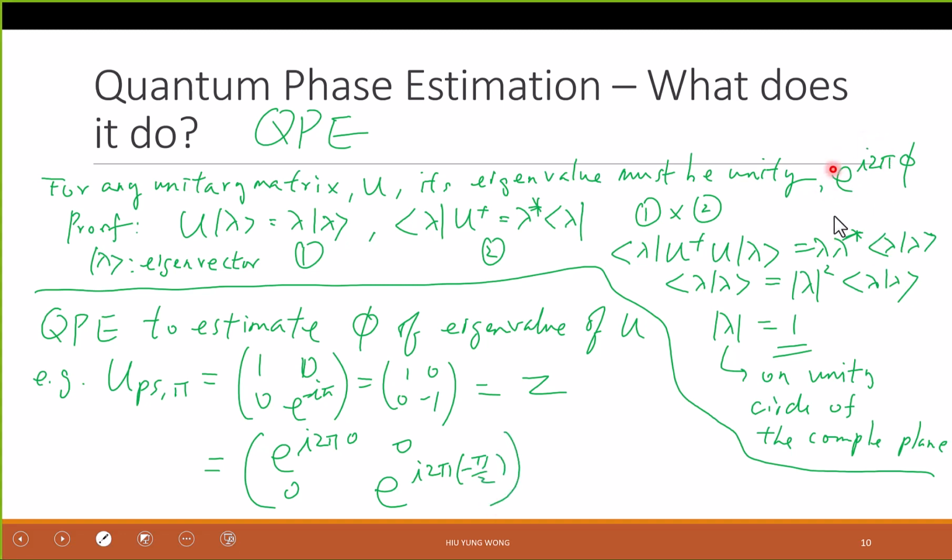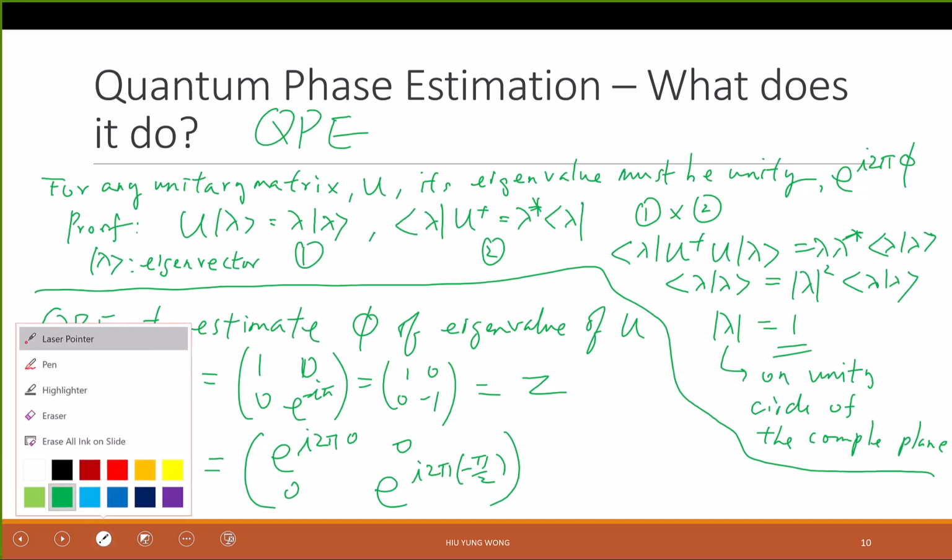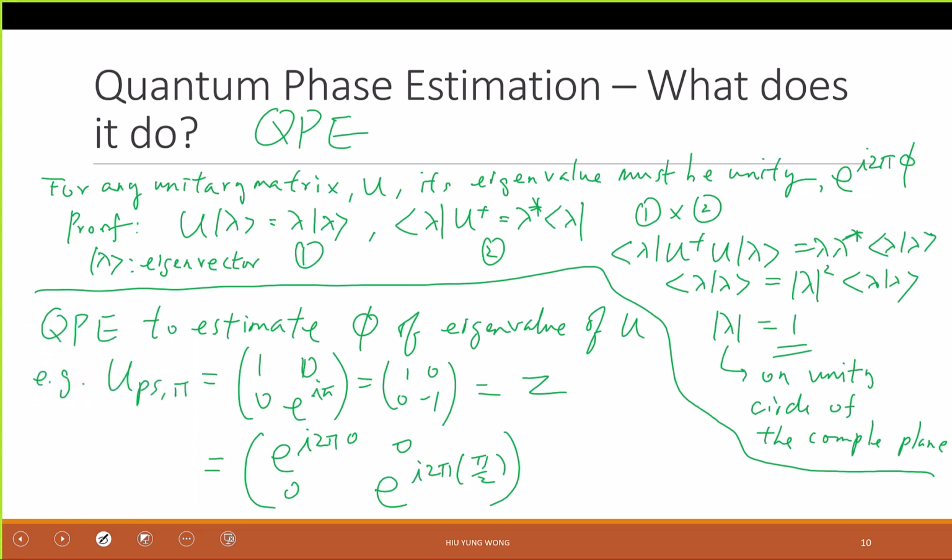The reason is that I want to make it into this form, right? So e to the power i 2 pi 0 is 1. And the other, no negative, right? Actually, this is just i. And also I don't have 2 pi, I'm sorry, just 1 over 2, right? Is this correct now?